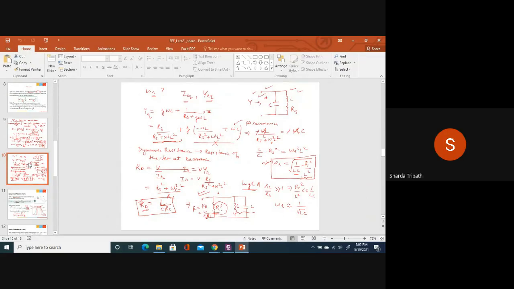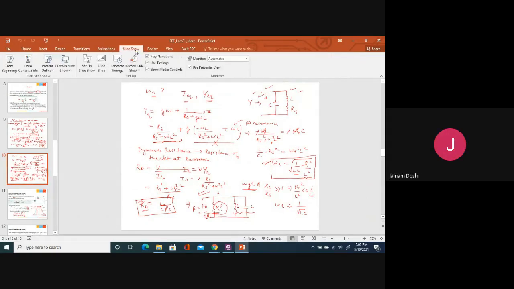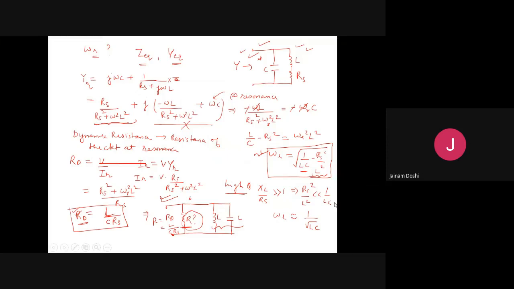Here in the bottom left corner, you wrote Rs square plus omega square Rl square upon Rs. Are you talking about this thing? Yes, ma'am. So you have equated it to L upon C Rs. I didn't understand how you got that.